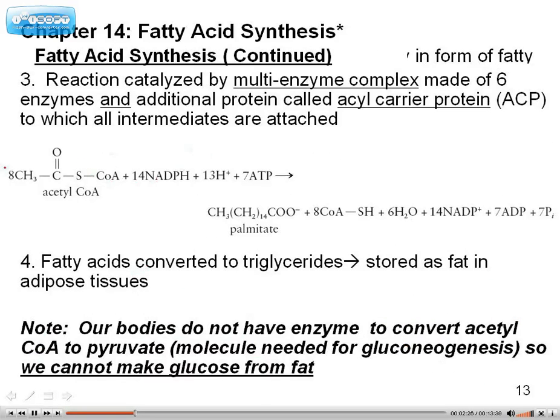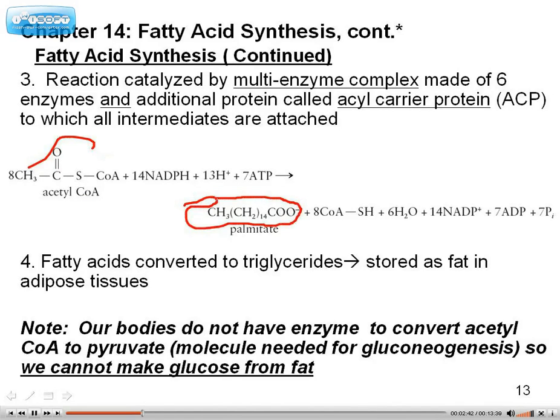Now that we have the acetyl-CoA in the cytoplasm, the acetyl-CoA is going to form the desired fatty acid. In this case, palmitic acid, aka palmitate. So palmitic acid, palmitate, same thing. Or other types of desired fatty acids, other non-essential fatty acids.